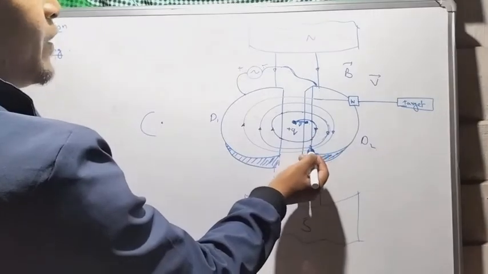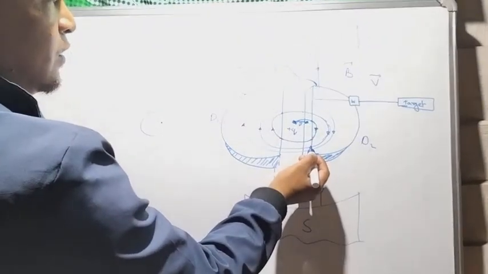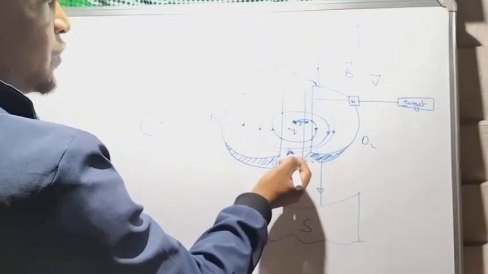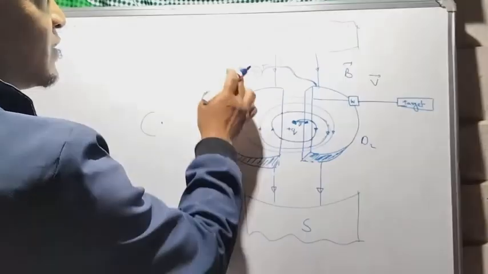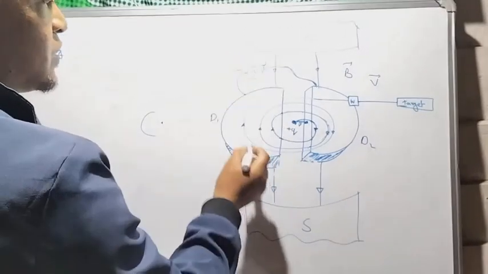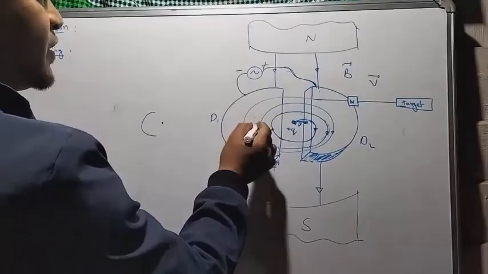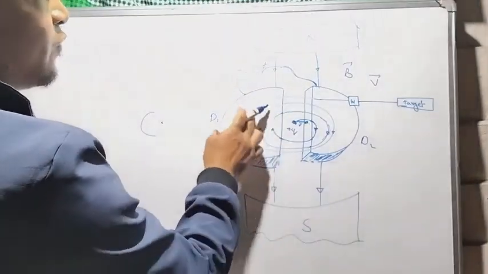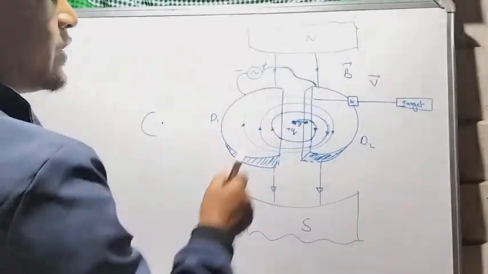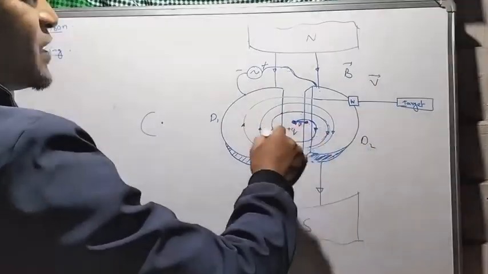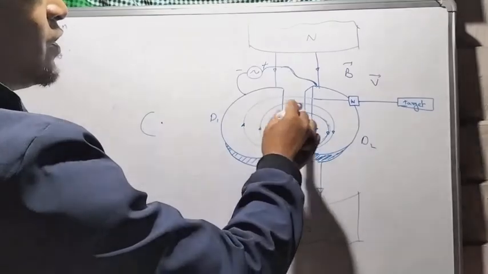Okay, now after the charge comes out of D2, again it finds that this is negative and this is positive. So it will move towards D1. Again, inside D1, it will move in a circular path with a higher radius. So the process keeps on continuing in this way.